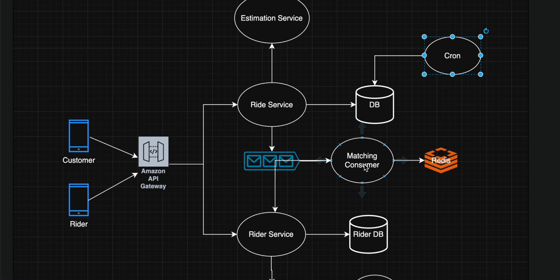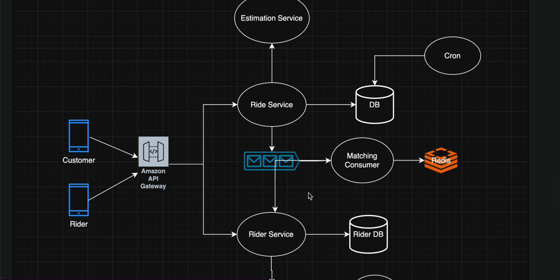As soon as a rider accepts that request, we will tell the rider service, hey, I want to book this rider because he has accepted. So this will be saved in the DB, that this rider is booked and that the ride is created.